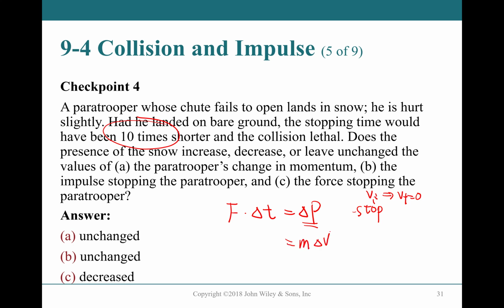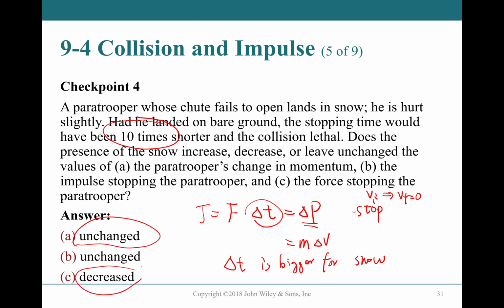Momentum change will be the same in different situations, and also impulse will be the same. What is different is the stopping time. So delta t is bigger for snow. That's why, if t is big, then your force is small. So that's why your force is decreased.